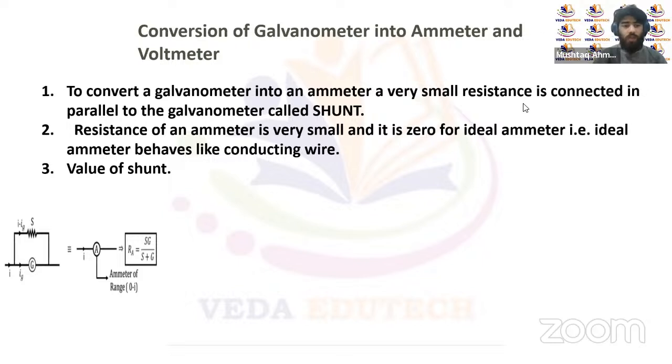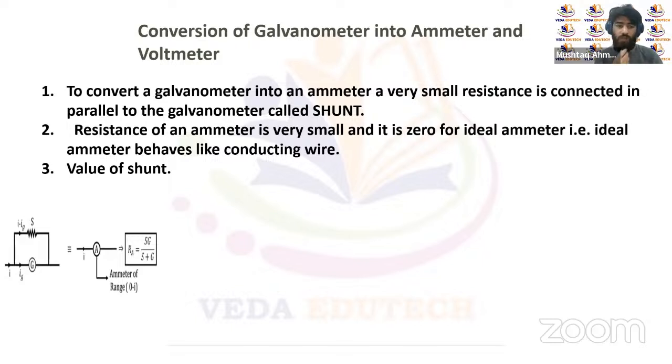How do we convert a galvanometer into an ammeter? We know that we want to increase the accuracy of the ammeter. To do that, we want to reduce the resistance of the circuit, making sure the overall resistance of the device is very negligible, so that it does not consume some voltage across it, and the accuracy of the measurement of current will increase.